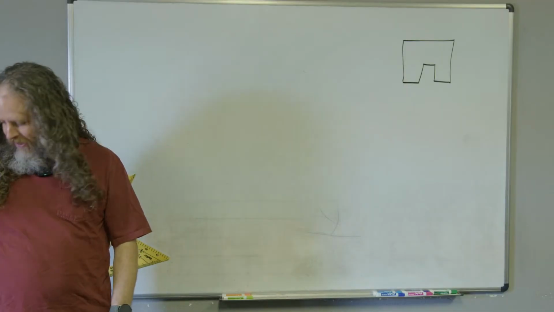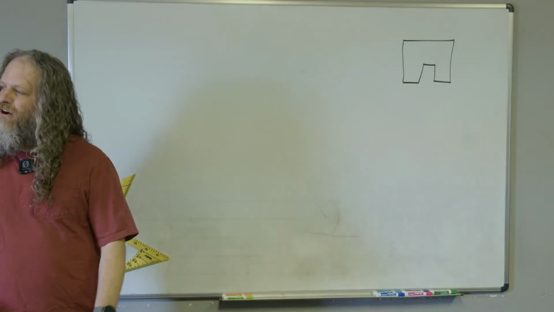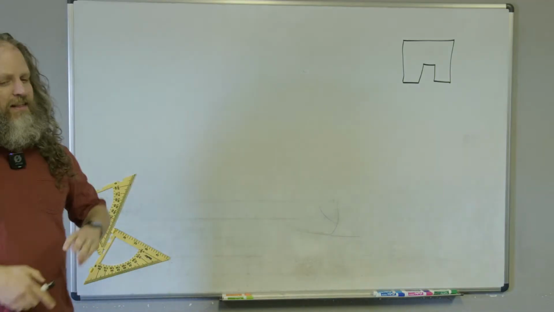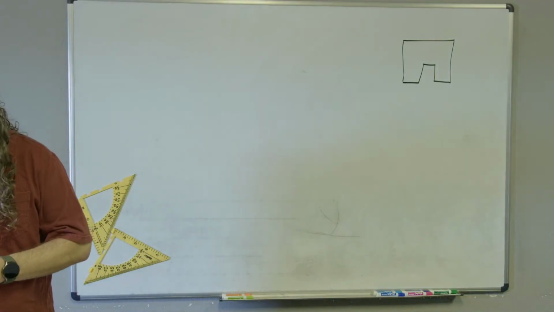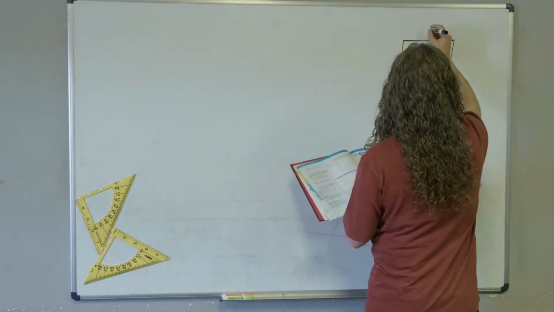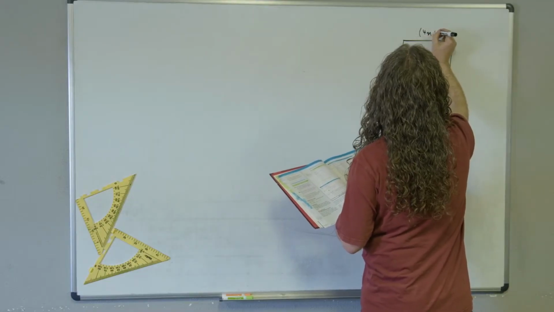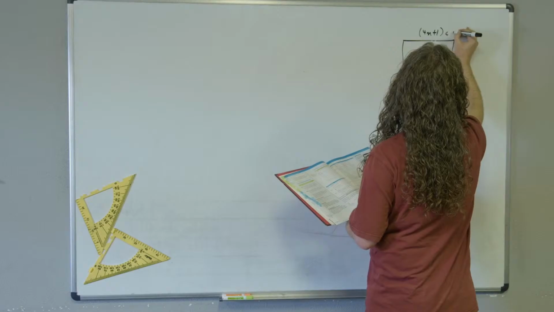Geometry, you're like, okay, I've got all these tools. Now, how can I use those tools to solve this problem? So we've got to think about what tools we have, what information we're given. We are told that this side of this square is 4n plus 1 centimeters.